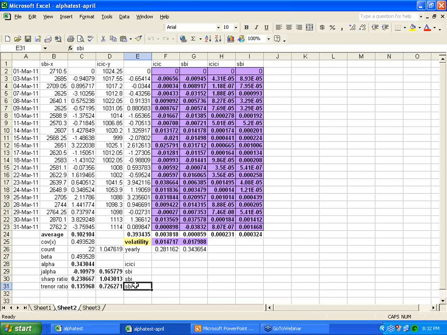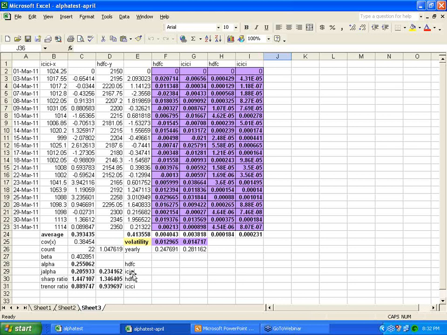Now we need to compare ICICI and HDFC. Here we are getting a very interesting result. Jensen's alpha suggests that ICICI is the choice. Sharpe ratio suggests that HDFC is the choice.